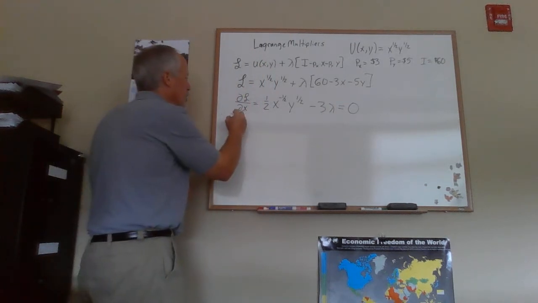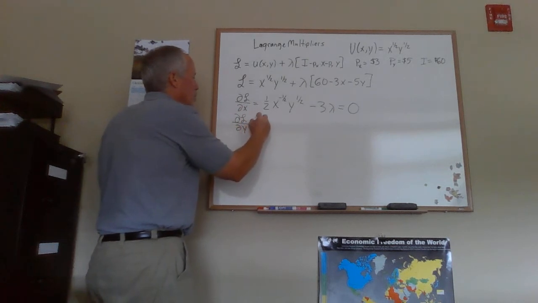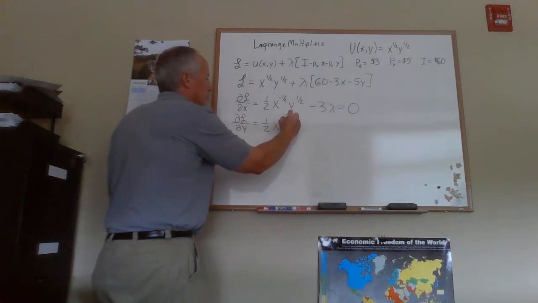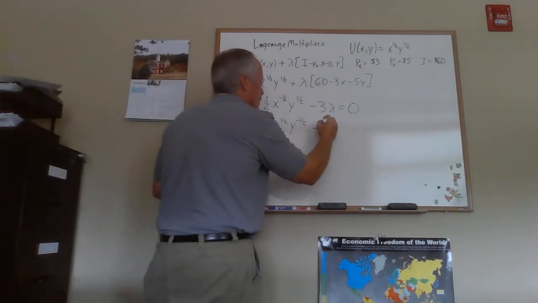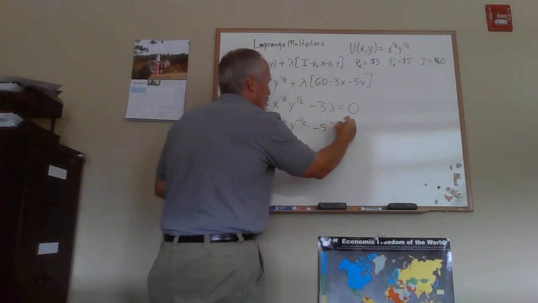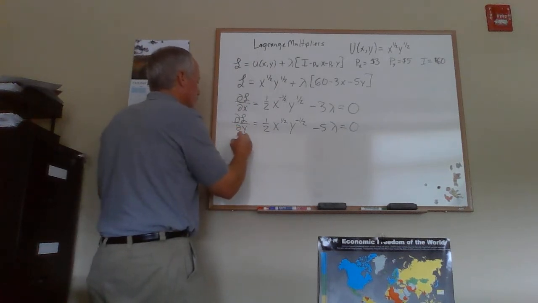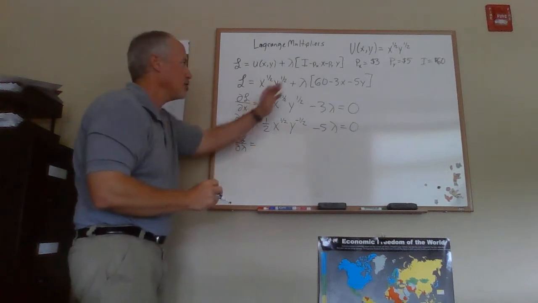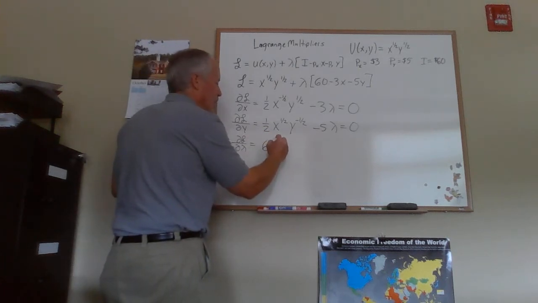Here's the partial with respect to y. And then the partial derivative with respect to lambda is just going to give us the constraint, the budget equation, back.